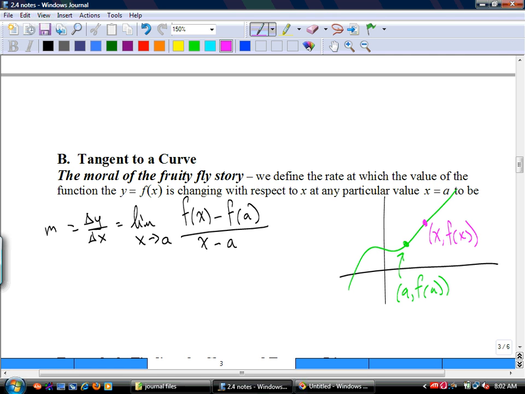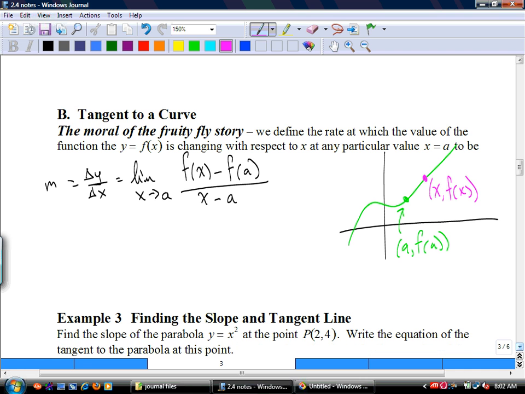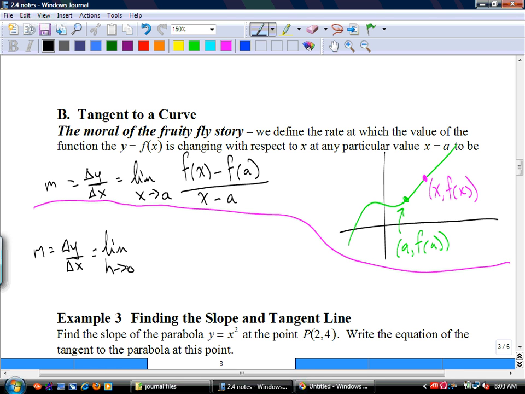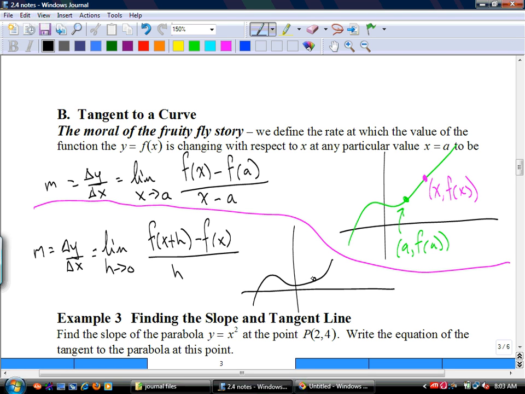The other way of doing it is to define slope this way. I'm going to show you the other definition. This one's not my favorite definition, but it is a definition. We have some point on our curve, x, f of x.